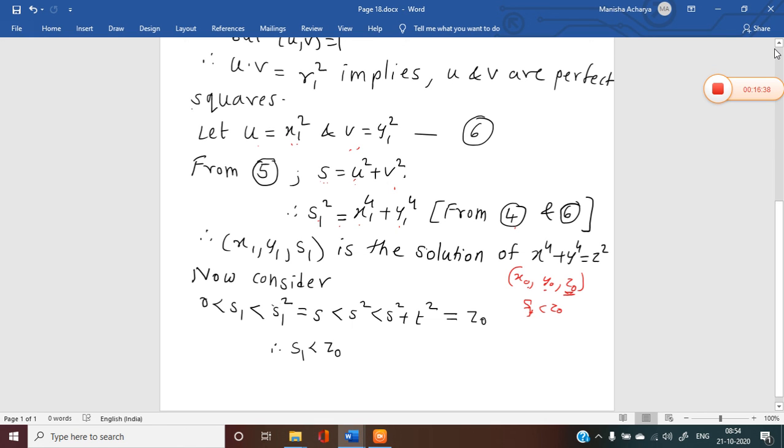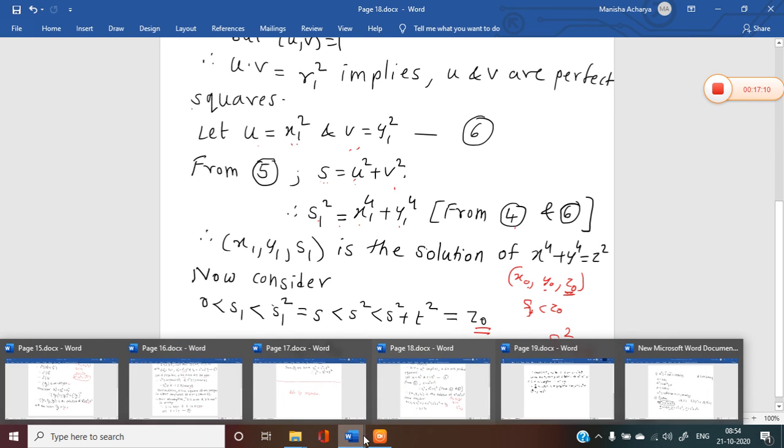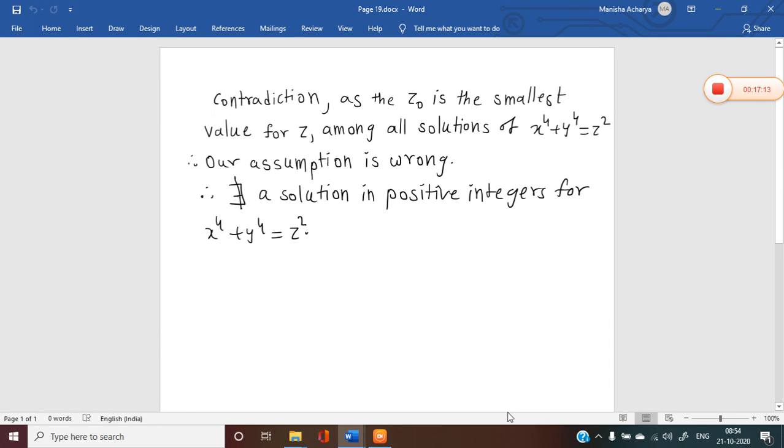Now s is less than s square, clearly s square is less than s square plus t square, but we know that s square plus t square is equal to z0, and therefore we have s1 less than z0. So we have another solution for x raised to 4 plus y raised to 4 equal to z square with z equal to s1, and s1 is less than z0, which is a contradiction because z0 is the smallest positive value among all the solutions of x raised to 4 plus y raised to 4 equal to z square.